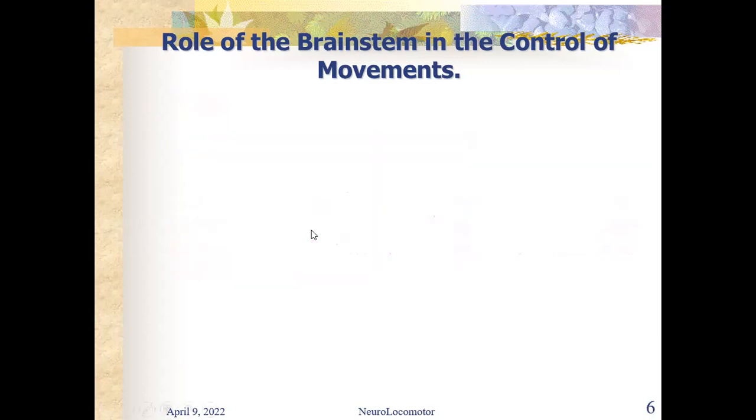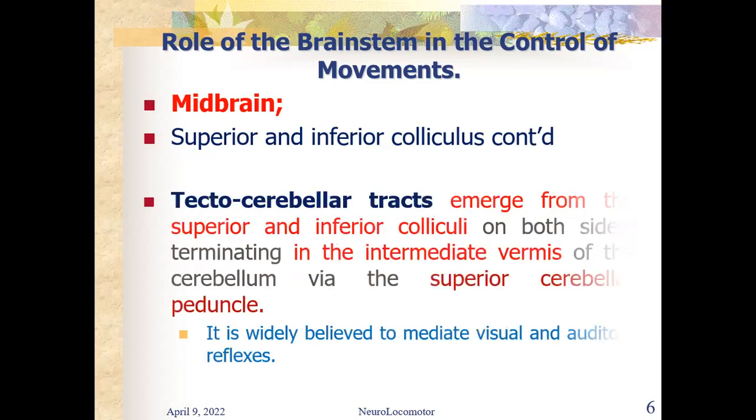So we move ahead. Still on the superior and inferior colliculus, the tectocerebellar tract that emerges from the tectum of the midbrain, which contains the superior and inferior colliculi on both sides, terminates in the intermediate vermis of the cerebellum via the superior cerebellar peduncles.